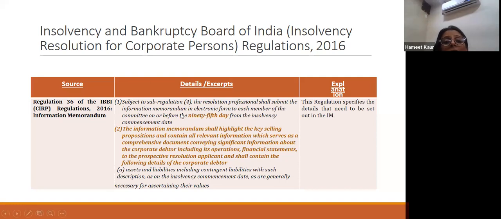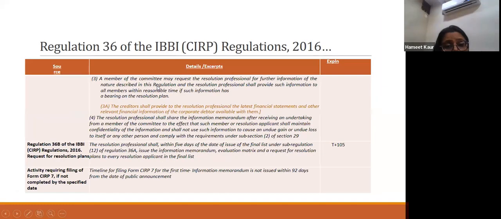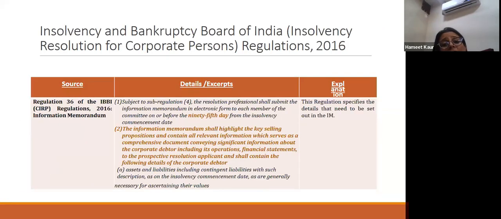But again, it is subject to subregulation 4, which talks about the undertaking from the members of the committee to the effect that such member or resolution applicant shall maintain confidentiality of information and shall not use such information to cause an undue gain or undue loss to itself or to any other person, and comply with the requirements under subsection 2 of section 29. So this sharing of IM shall be subject to subregulation 4, and subregulation 4 talks about the undertaking.